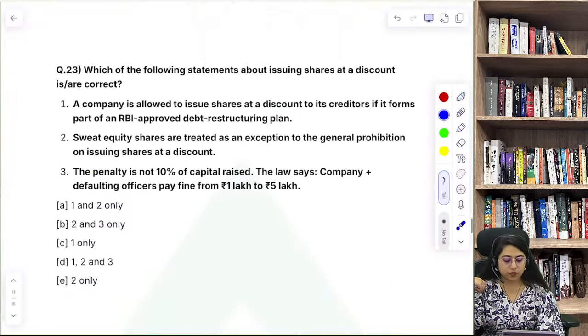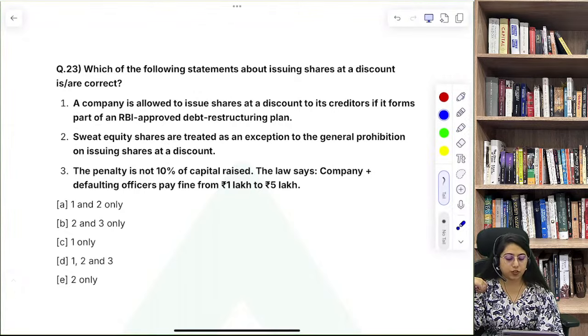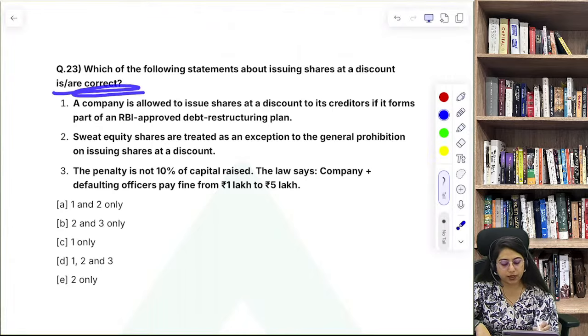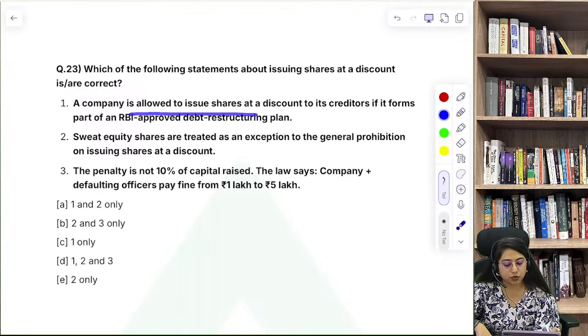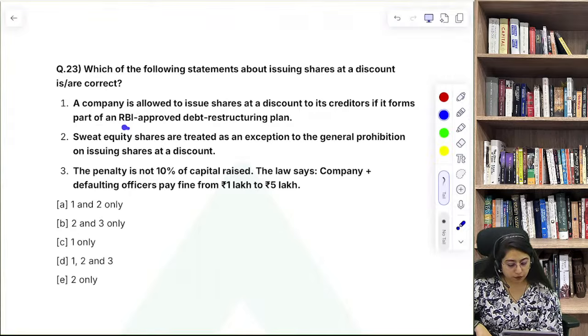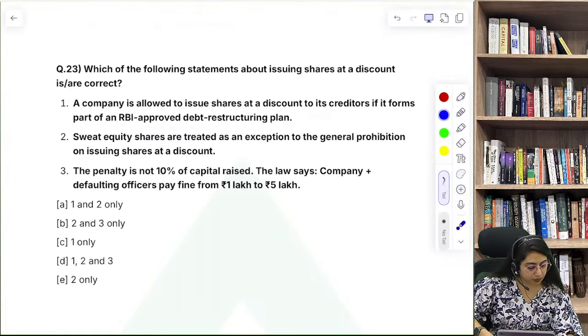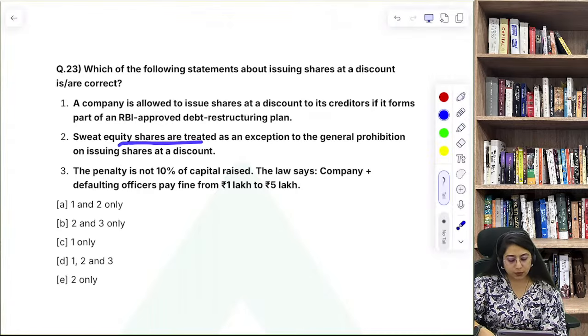Moving on to the next. Which of the following statements about issuing shares at a discount are correct? Question number 23. You have to tell me the correct statement. A company is allowed to issue shares at a discount to its creditors if it forms part of an RBI approved debt restructuring plan. Sweat equity shares are treated as an exception to the general prohibition on issuing shares at a discount.